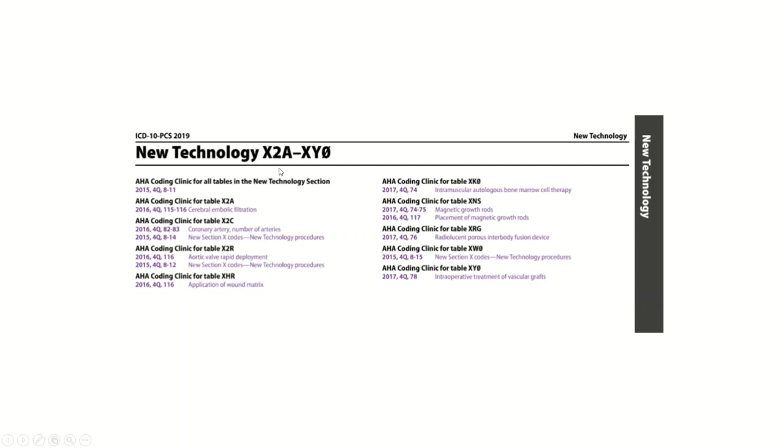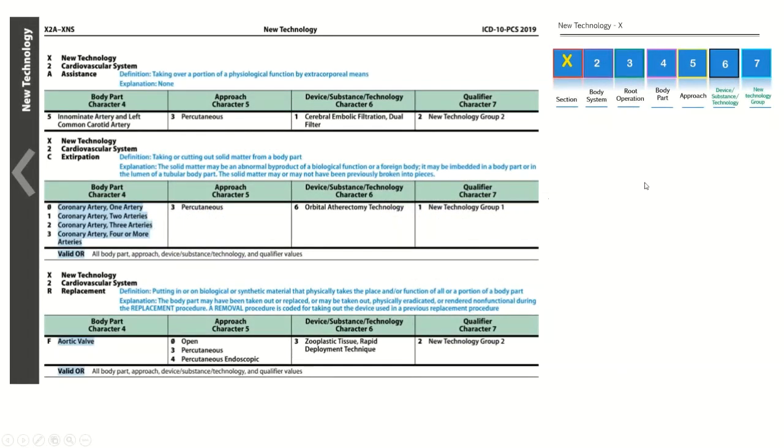The first character will be X. It's got second character 2 all the way through Y. So there's a lot of room for expansion, a lot of new technology coming on board. And you've got a lot of guidelines, the AHA Coding Clinic. So check those out. And now let's take a look at the actual new technology table.